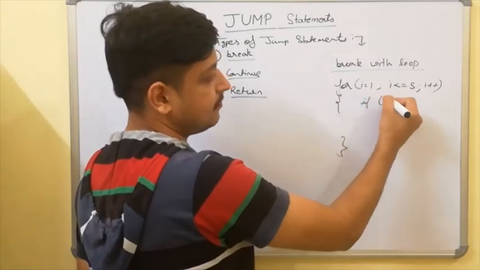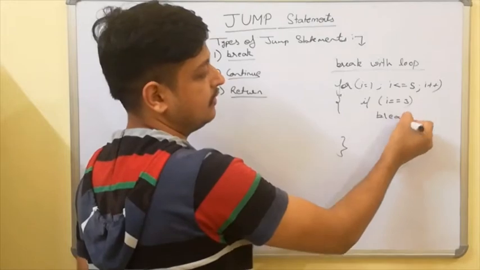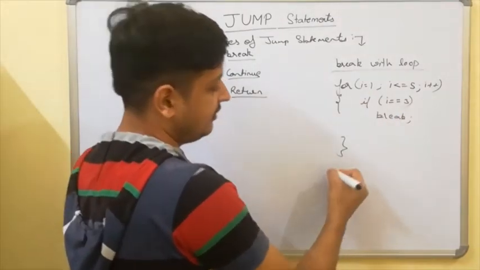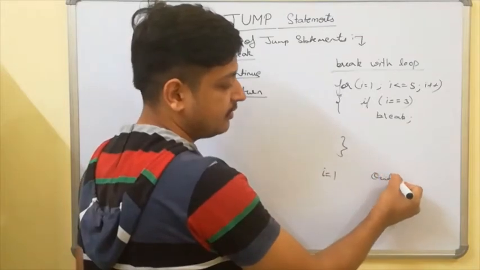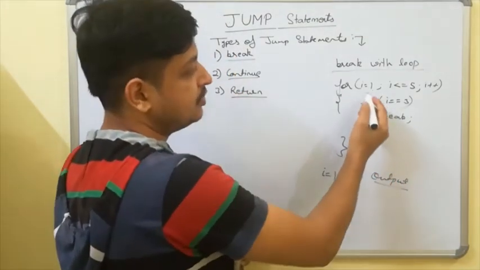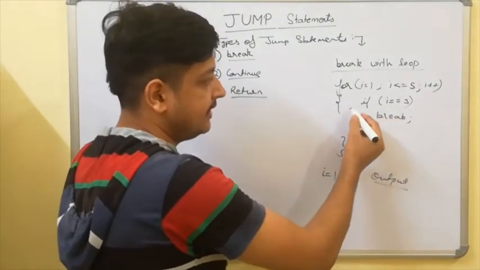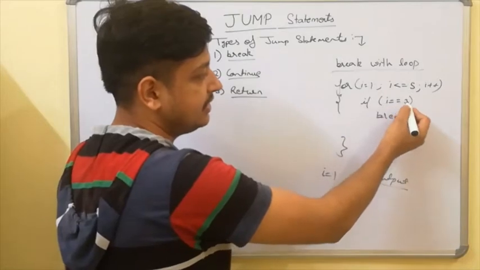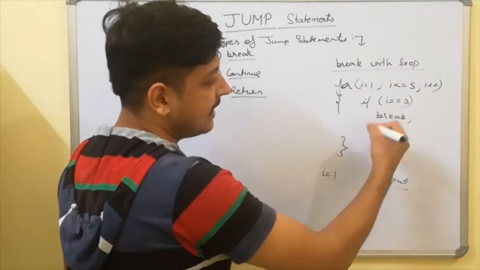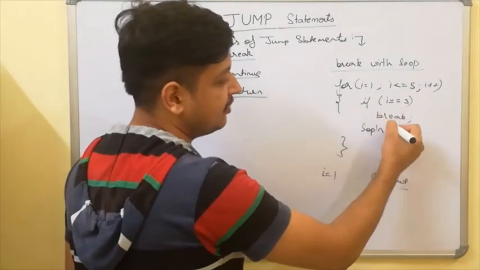If I is equal to 3, then break. Now the value of I is initialized to 1. I is less than 5, it's true, so it comes in the for block, then it checks if I is equal to 3, no. And here we take the SOPLN so that it prints the value of I.